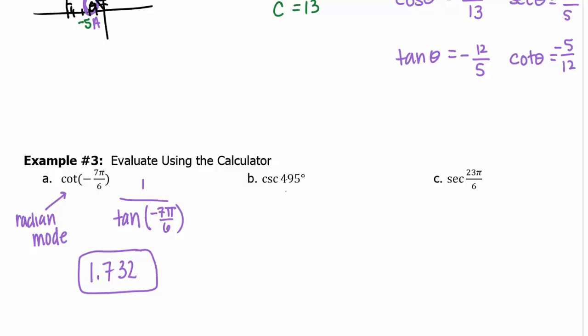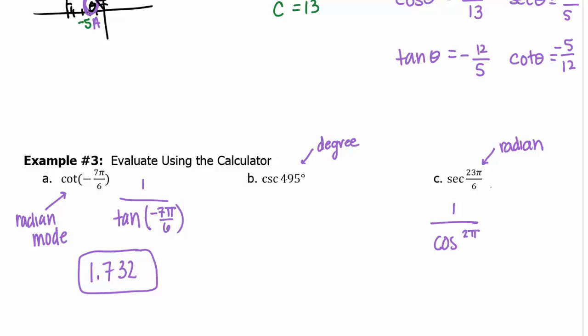So cosecant, well, this is degree because that's 495 degrees. This one's pi, so it's radians. Well, while I'm in radians, I'm going to go to part C because I'm lazy and I don't want to switch it twice. Let's just switch it once. So what's the reciprocal of secant? Cosine. I know you were thinking that out loud.